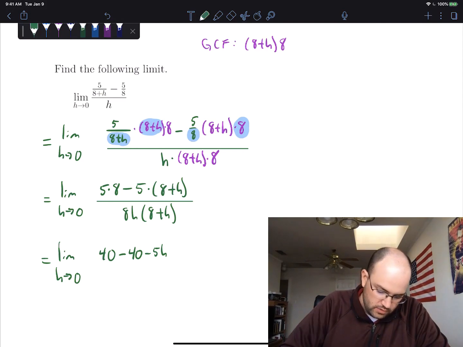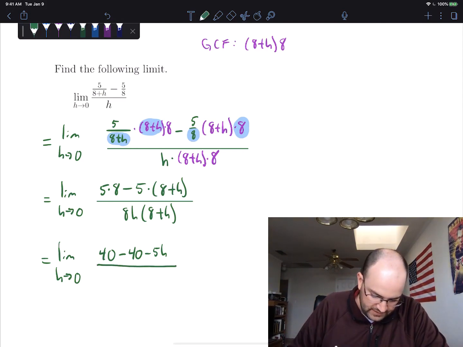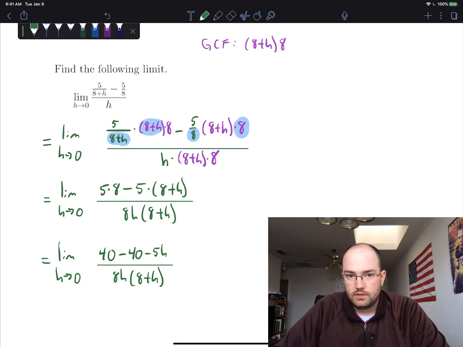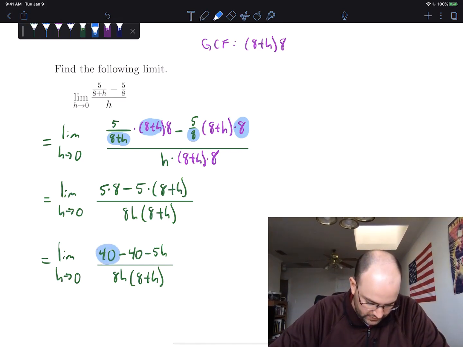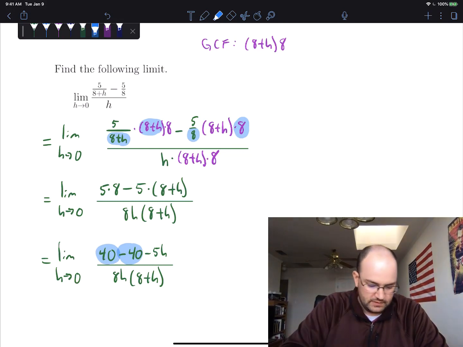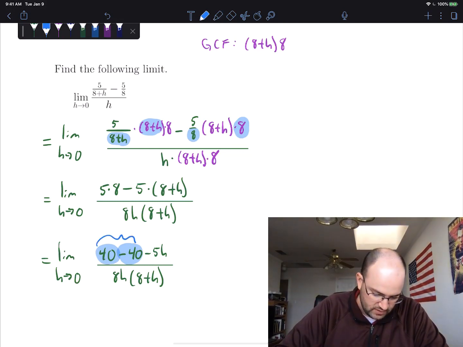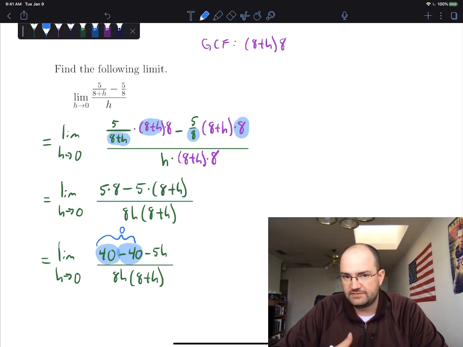And then all over the denominator of 8h times 8 plus h. Wonderful. But what's this done for us? Notice the 40 and the negative 40, that all just becomes 0 because 40 minus 40 is 0. They cancel each other.